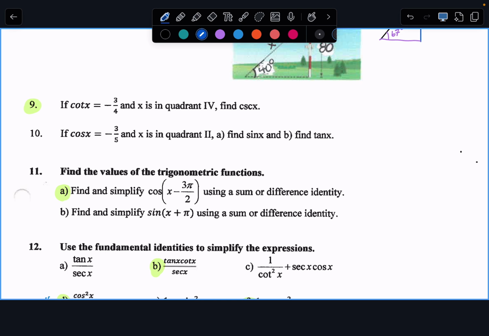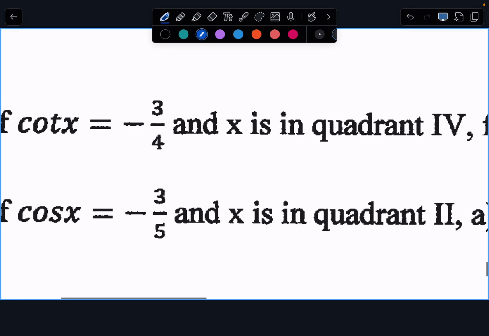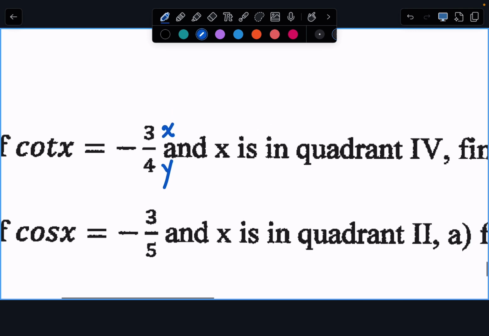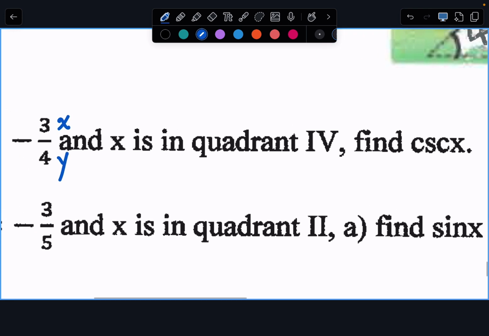Or you know that cotangent is what over what? Speaking in x's and y's. Yes, x over y. So if you found r, which would be 5, spoiler, then cosecant is the reciprocal of what?